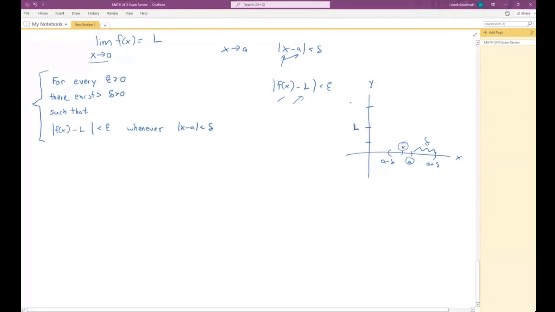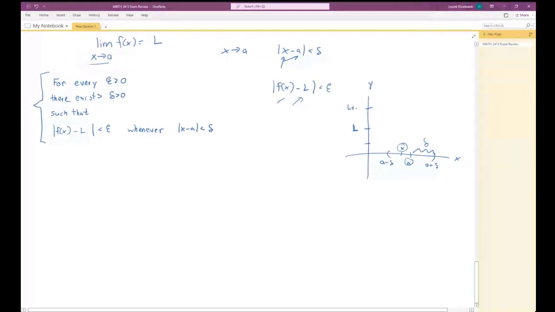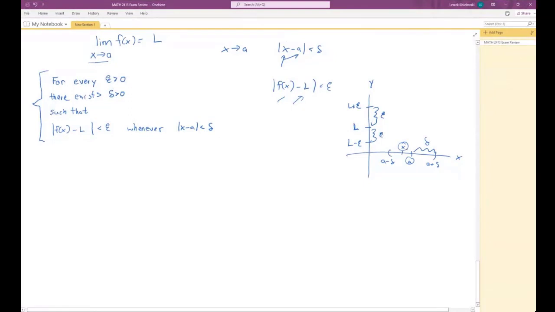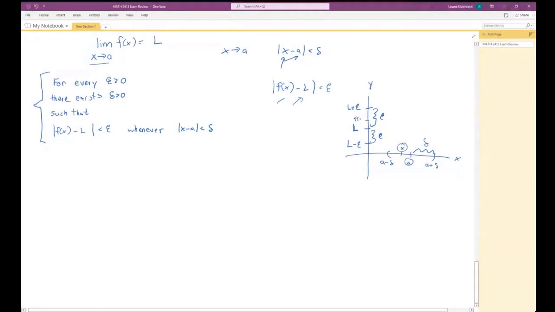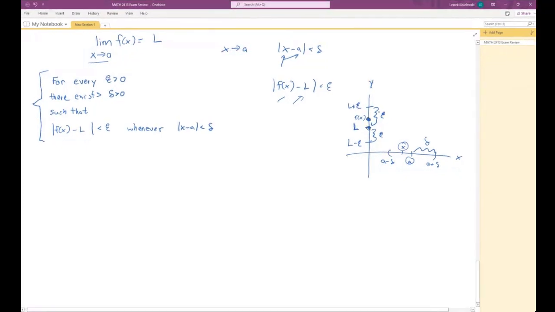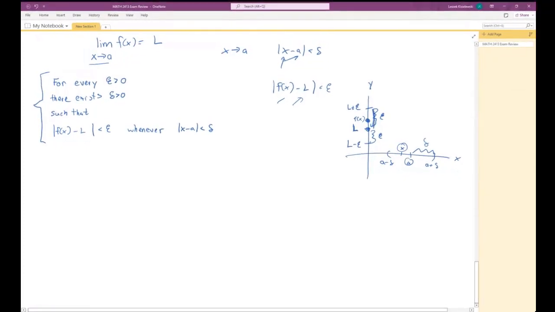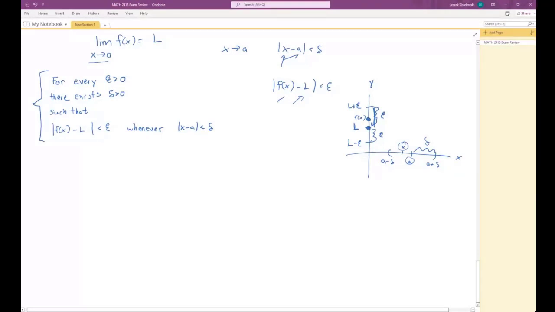So you have L, and then this would be L plus some distance, epsilon. This would be L minus the same distance, epsilon. And we're just saying that once we plug x into our function, our f of x should be within a distance of epsilon of the limit. Anyway, delta, x-axis, epsilon, y-axis.